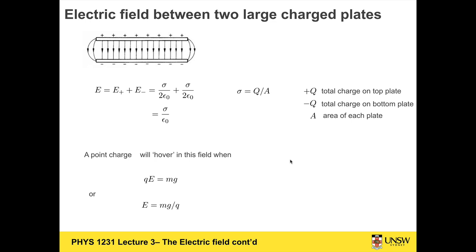And we also worked out, remember we discussed the Millikan experiment, that a point charge in a gravitational field would hover in this field if the force due to gravity was equal to the force coming from the electric field in this relation, and of course that's the basis of one of Millikan's experiments on charge quantization, if you remember from last year.